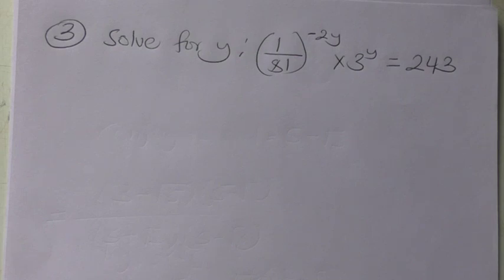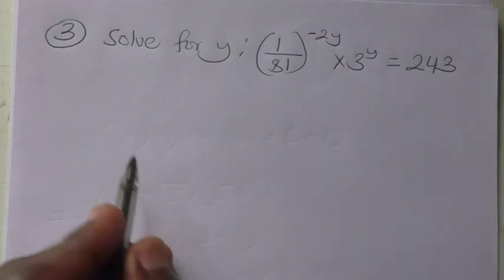Good enough, we covered that topic. Just go to our playlist, go to O-level mathematics, you'll find indices lessons. Watch them right from the laws of indices so that you acquire much knowledge before you attack such questions.